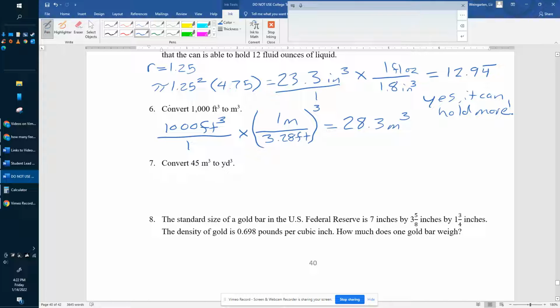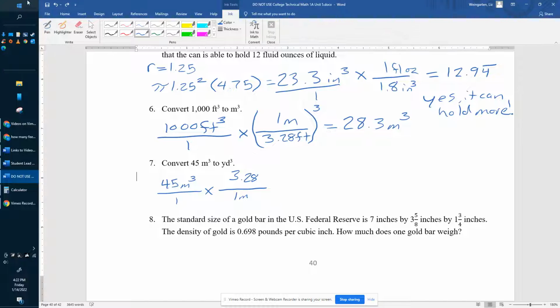Convert 45 meters cubed to cubic yards. Now we already know the conversion to feet, so let's start there. So in 1 meter, there are 3.28 feet. A little too excited with my eights. We'll cube that whole thing because we need meters cubed. Right now we just have meters. Times, now we have to convert to yards.